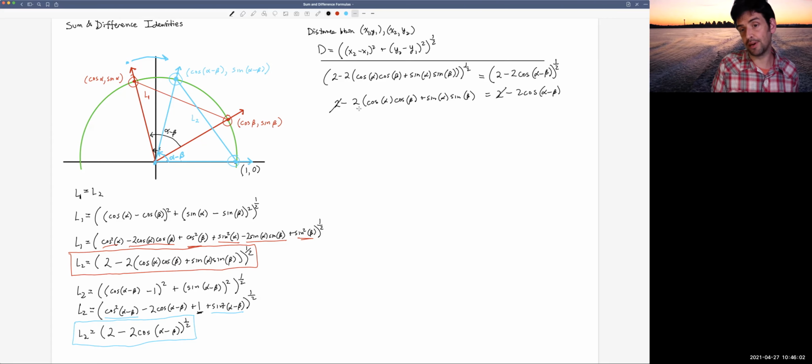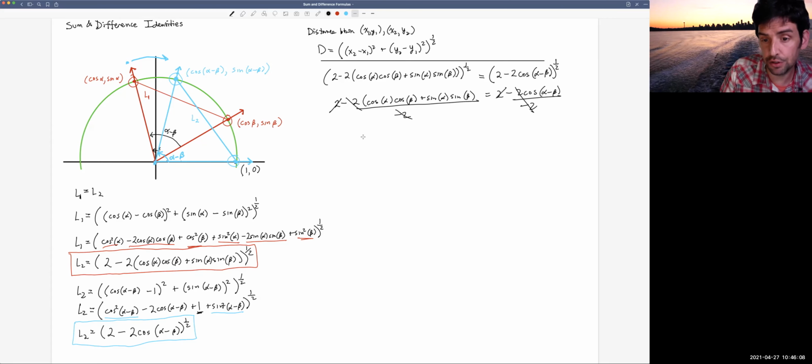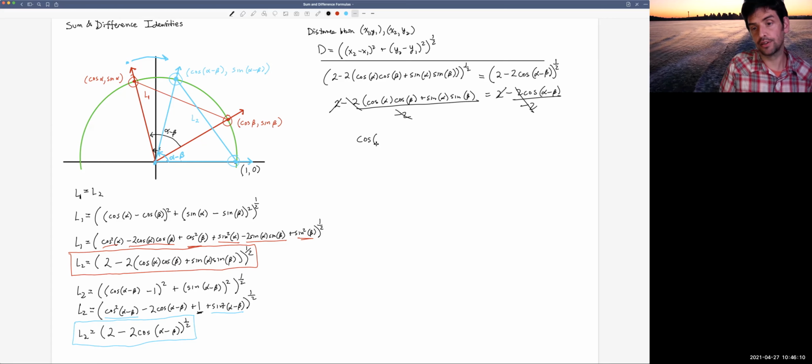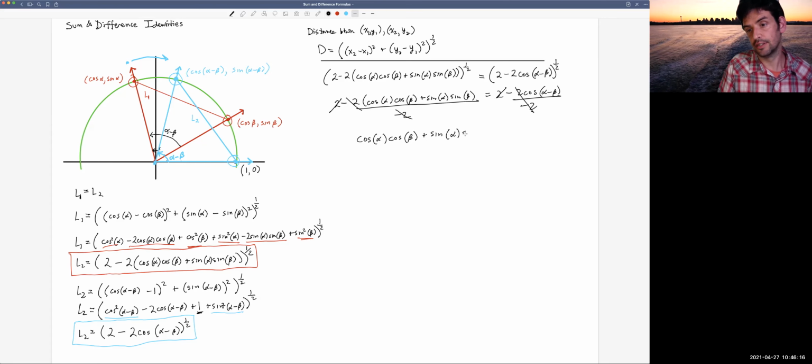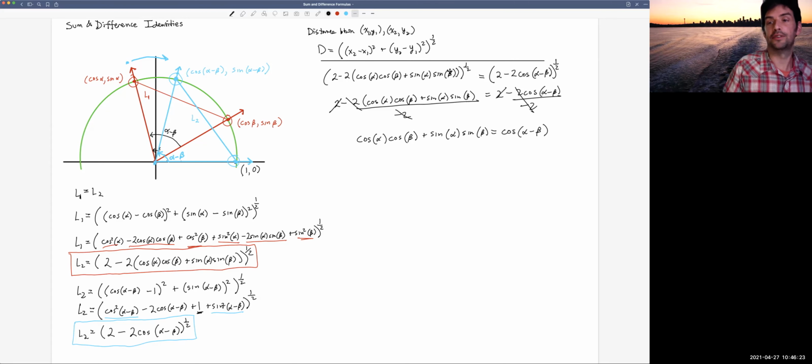Divide both sides by -2, which cancels these factors of -2, and we end up with cosine of alpha cosine of beta plus sine alpha sine beta is equal to cosine of alpha minus beta.